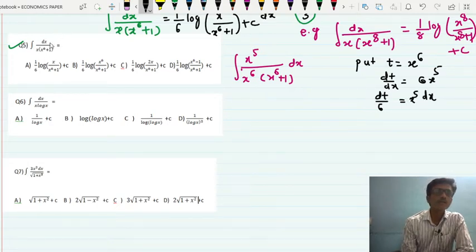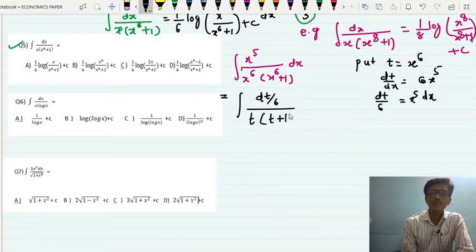So thus we have x raised to power 5 into dx equal to dt upon 6, and this is t plus 1. This will be 1 upon 6 into integral 1 upon t into t plus 1 dt.